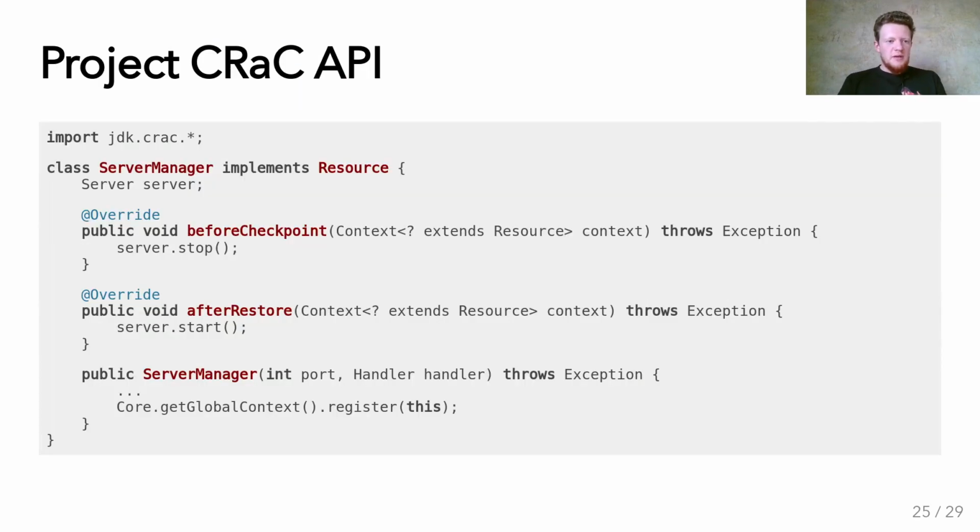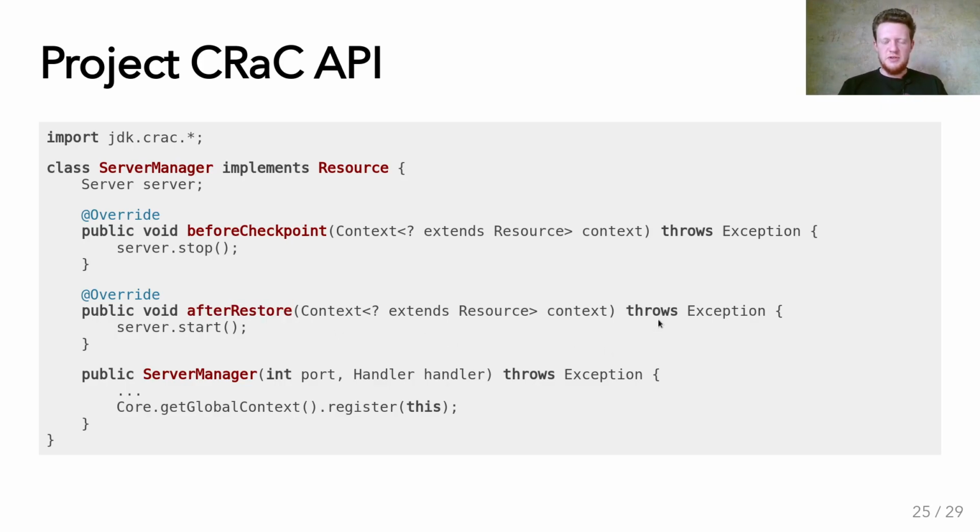The bare bones of the API are pretty simple. There is a Resource interface that has two methods that will be called before checkpoint and after restore. Before checkpoint can throw a Java exception that will abort the checkpoint, as we discussed. And after restore may throw an exception as well.